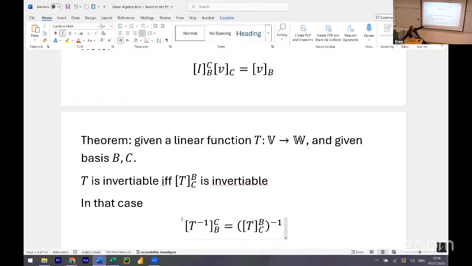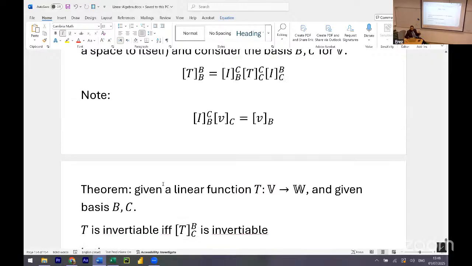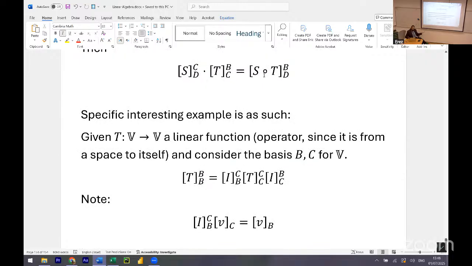All these theorems confirm my assertion that linear functions are just matrices. You see that everything I wish to say about functions translates exactly to what I know about matrices. You want to find the inverse function, just find the inverse matrix. The multiplication of matrices is the composition.